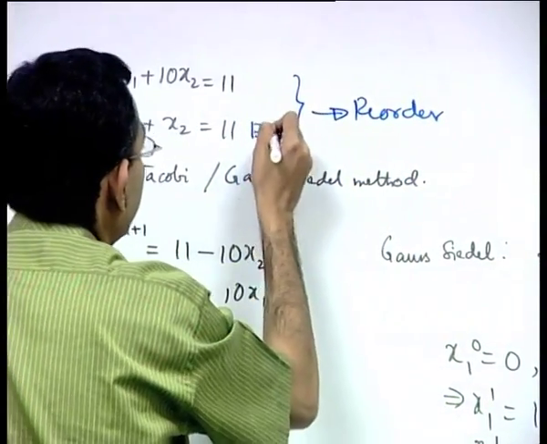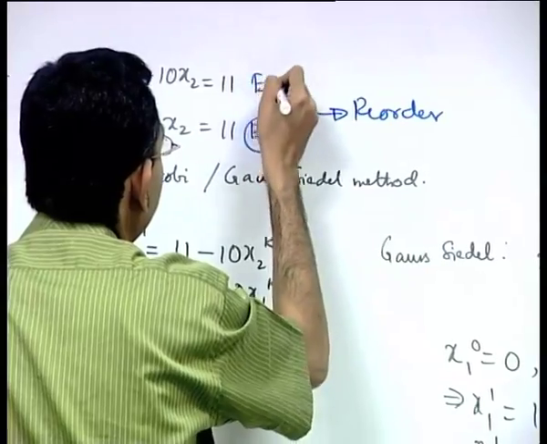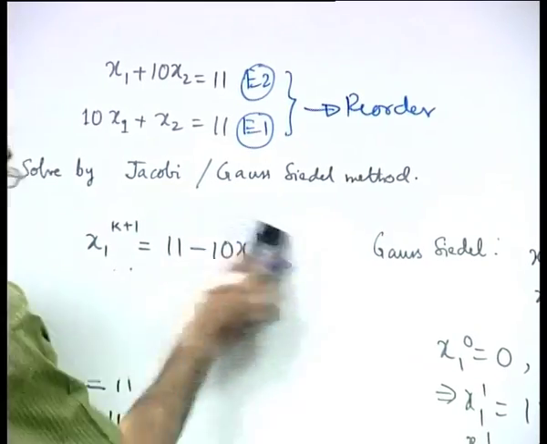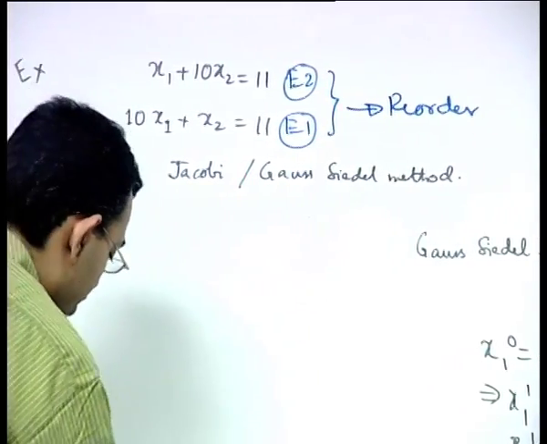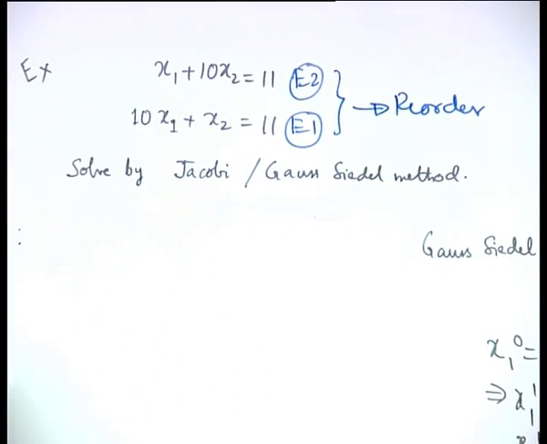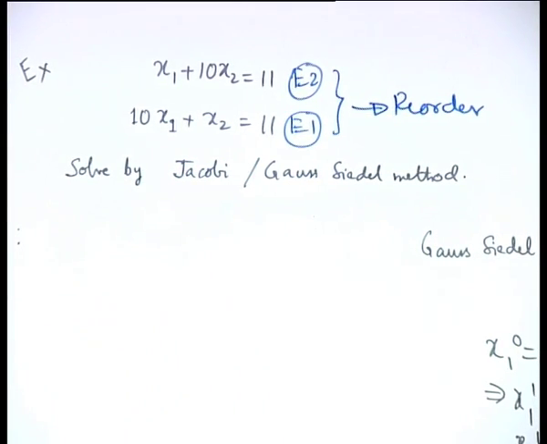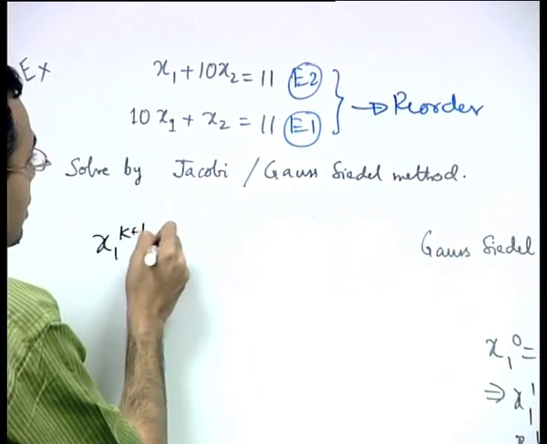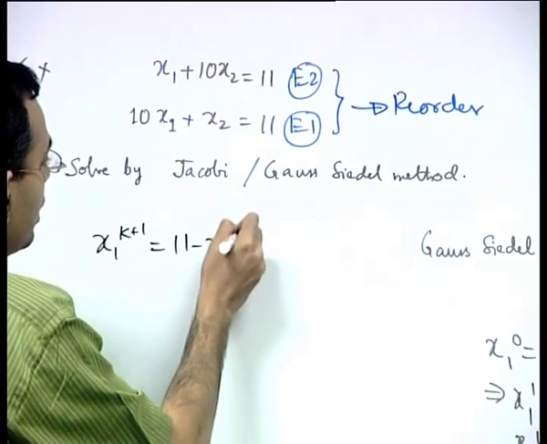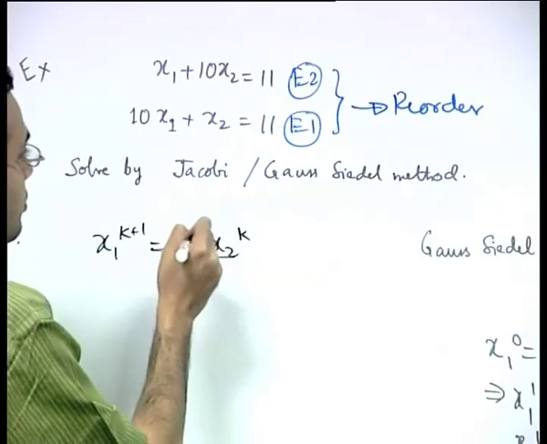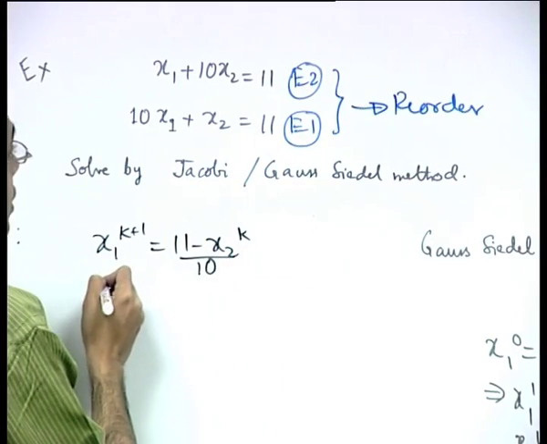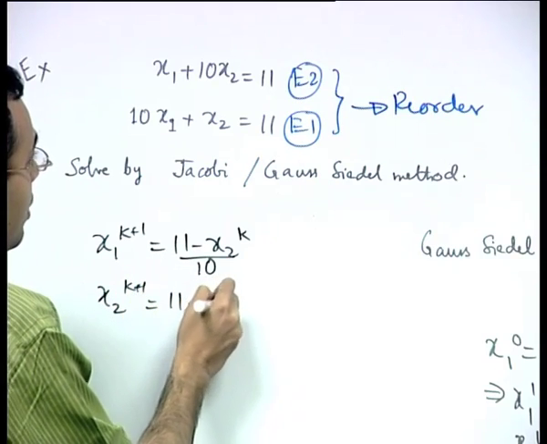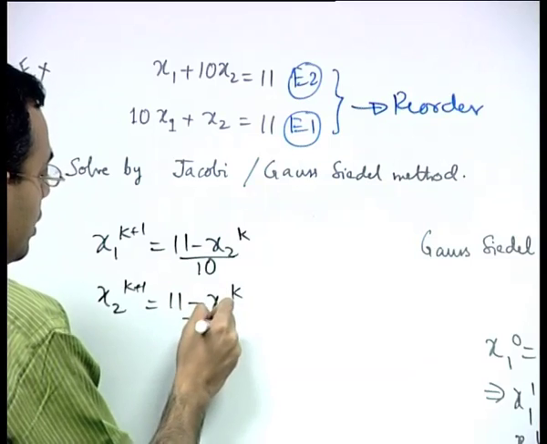So, this will become equation 1 and this will become equation 2. Accordingly, let us write the formula. So, x1 k plus 1 is equal to 11 minus x2 k by 10, and x2 k plus 1 is equal to 11 minus x1 k by 10.